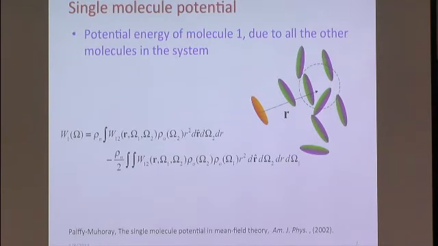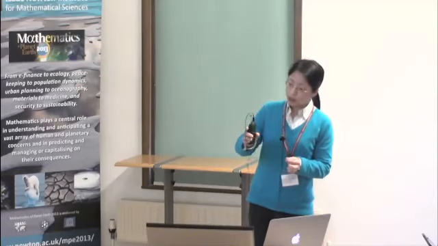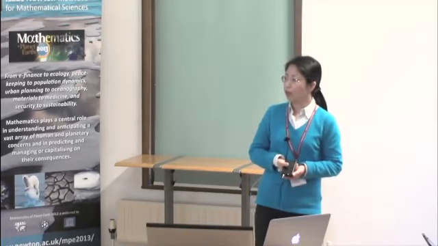And then we have to write down the single molecule potential of a particular molecule due to all the other molecules in the whole system by taking the average. This averaging process has three stages. First, you have to integrate over all the intermolecular separation distances. Then you have to integrate over all the orientations of all the other molecules, and also the intermolecular vector direction.